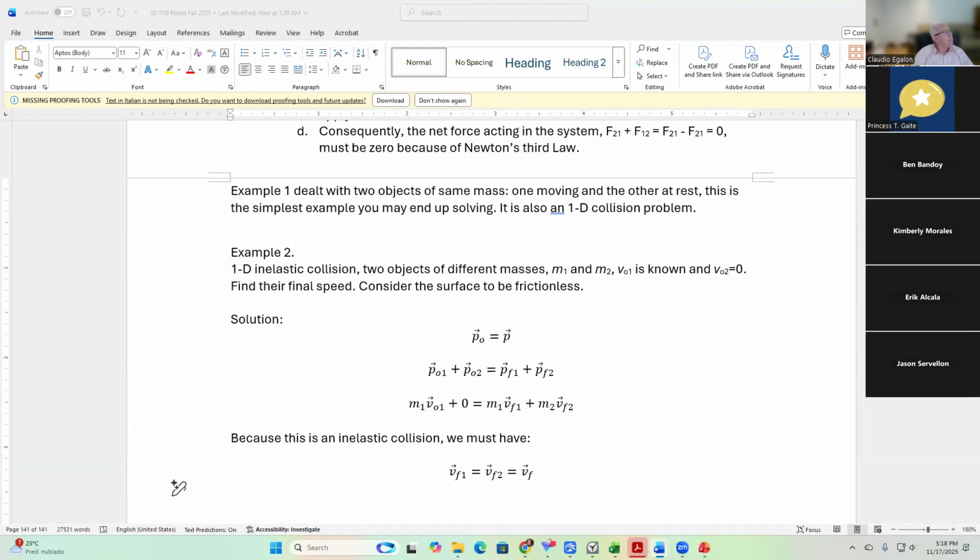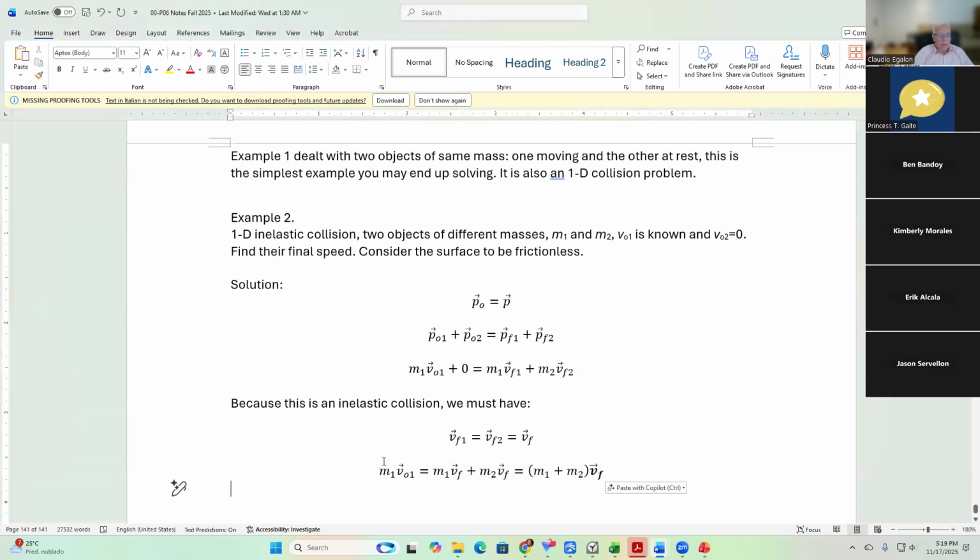Okay. And we end up with this relation. Now it's M1 plus M2. It's no longer 2M, right? Because M1 is different from M2.